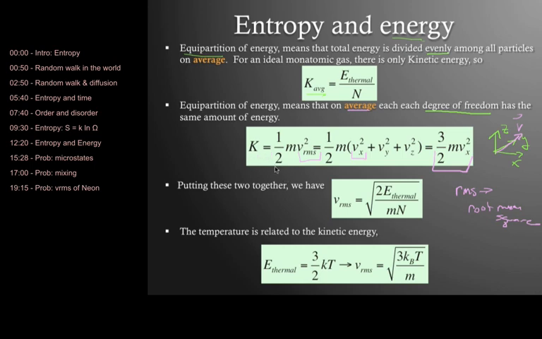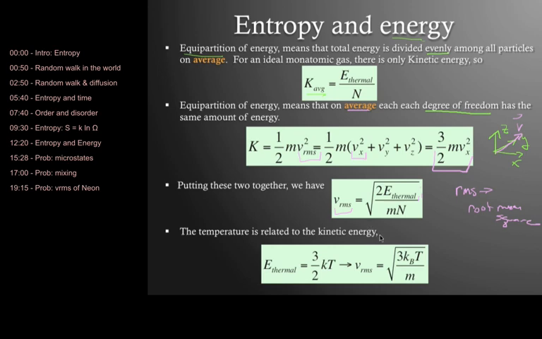We can also look back at this definition and put these two together, and get v_rms equal to the square root of 2 times this thermal energy, well, total, and then we divide by n, so this is the per particle part, and then divide by m, because we have an m here. So this is our v_rms. This is how fast we expect a particle to move in the gas on average.